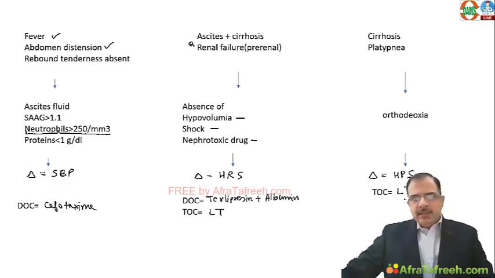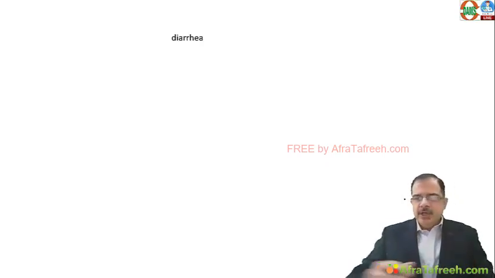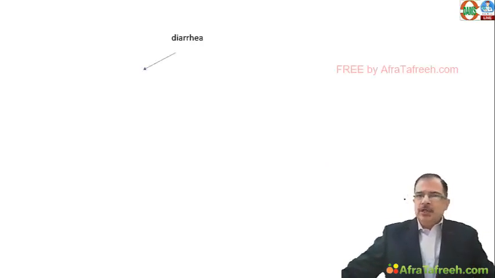So these are the complications of the liver diseases. Now moving on to the intestinal section. In the intestinal section, the questions are coming on diarrhea. Diarrhea we can divide into two broad groups: acute diarrhea and chronic diarrhea.